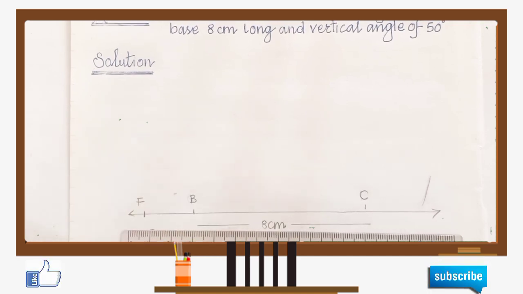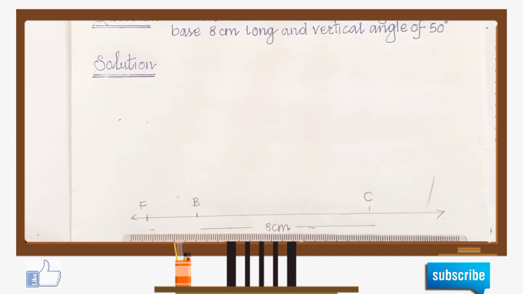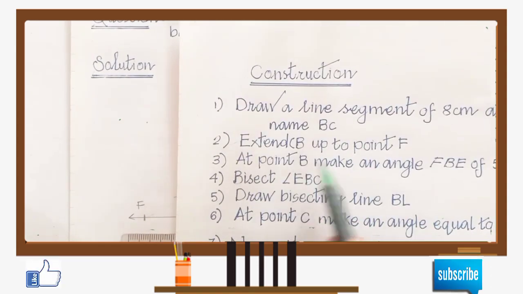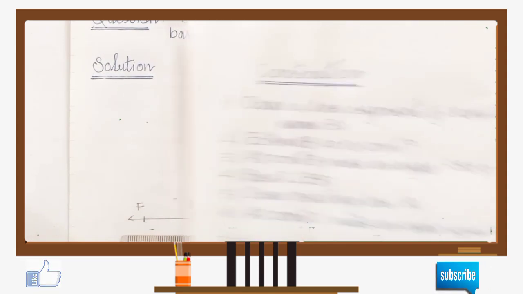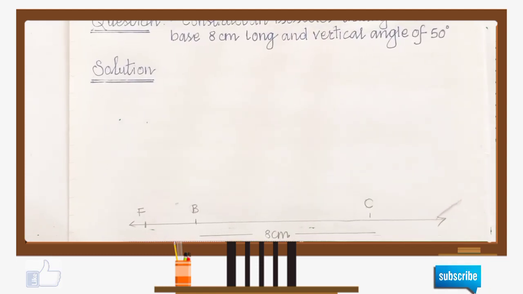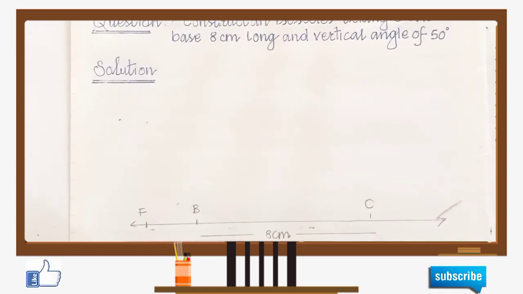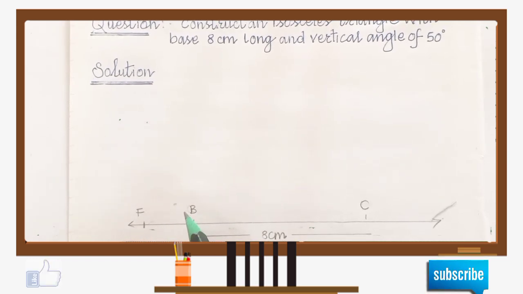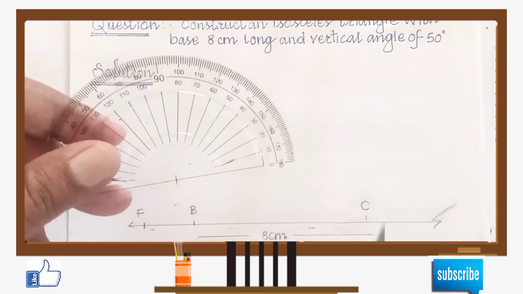After that, extend CB up to the point. Now with the help of this protractor, draw an angle FBE of 50 degree. यहाँ रखना है आपको.